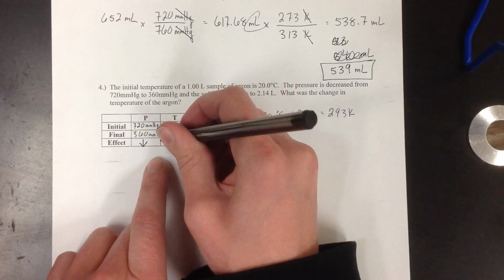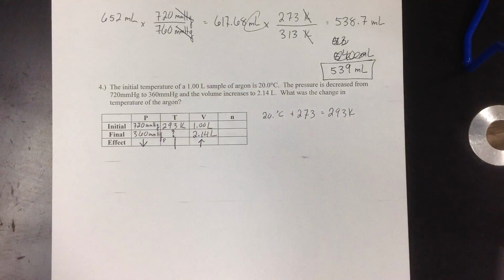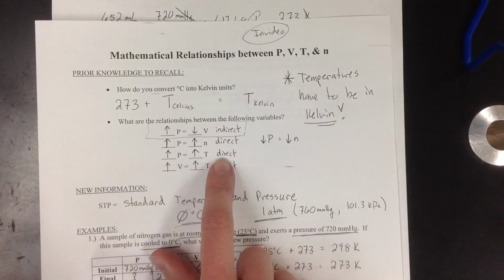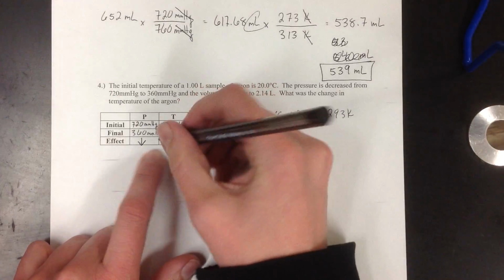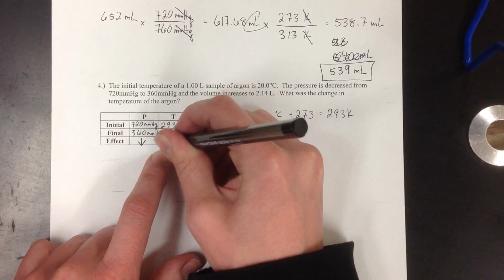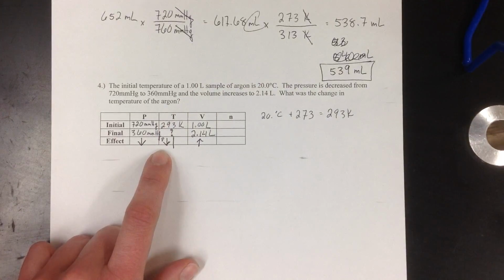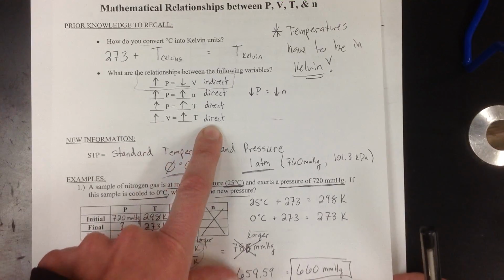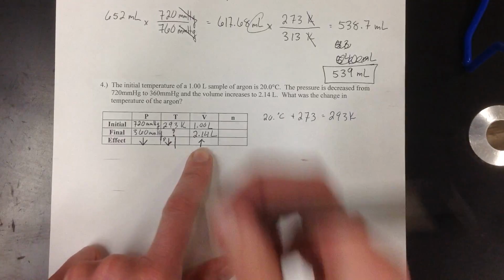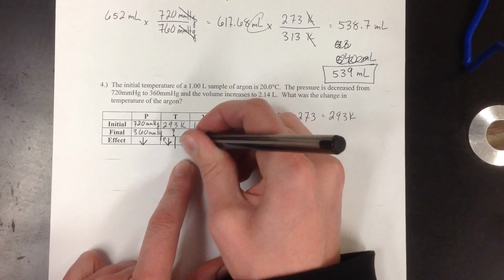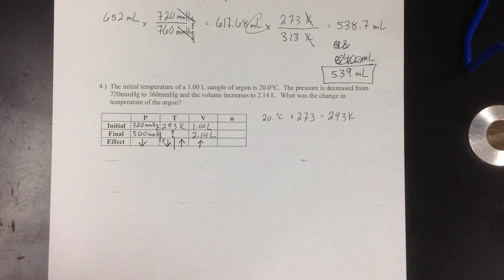Well, for my pressure, temperature and pressure are directly related. So a decrease in pressure would cause a decrease in my temperature. My volume and my temperature are also directly related. So my increase in volume would cause an increase in temperature.